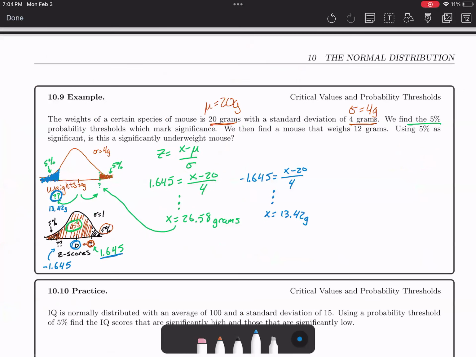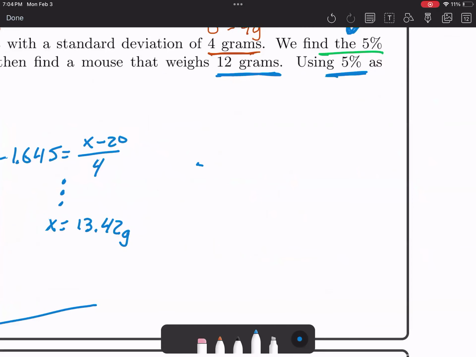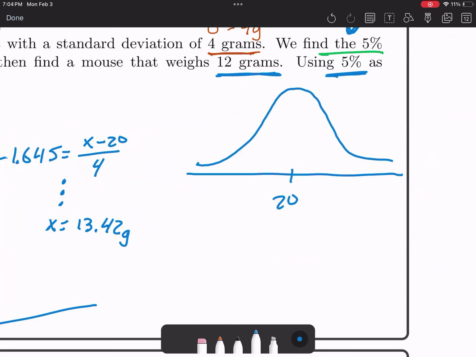Okay, so we just found the 5% probability thresholds that mark significance. Our next job is to find a mouse that weighs 12 grams. And then using that 5% as significance, is it significant? So let's just clean up all of this work. We have the weights of mice normally distributed around a center of 20, a standard deviation of 4.